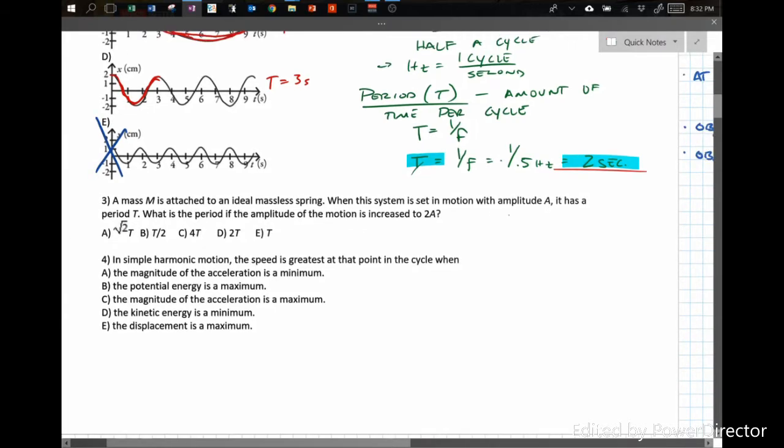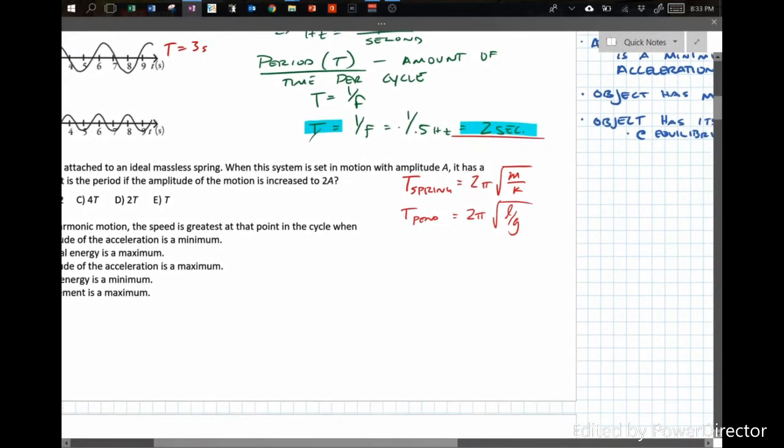When we're talking about period specifically, period for a spring is given by 2 pi times the square root of the mass divided by the spring constant. Now, if we're talking about a pendulum, the period is given by 2 pi times the square root of the length of the pendulum divided by the acceleration due to gravity.